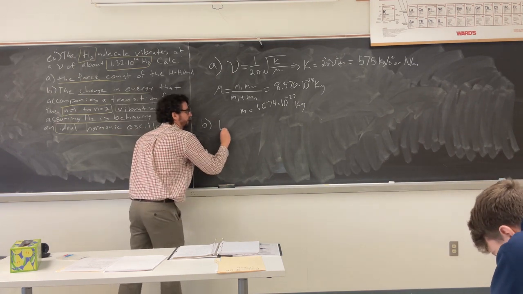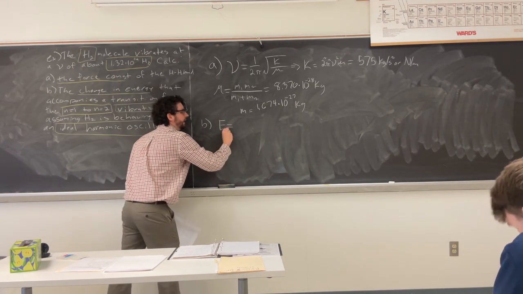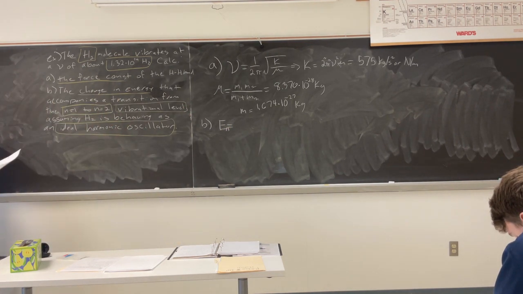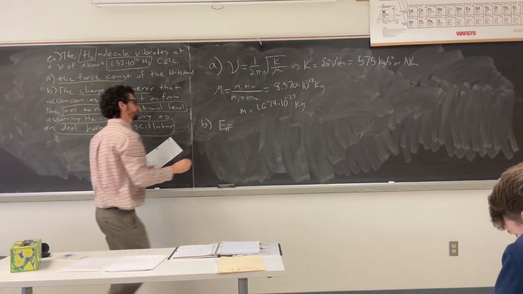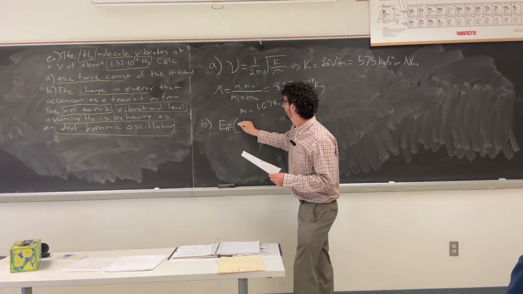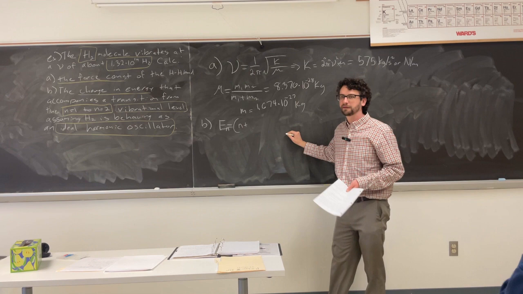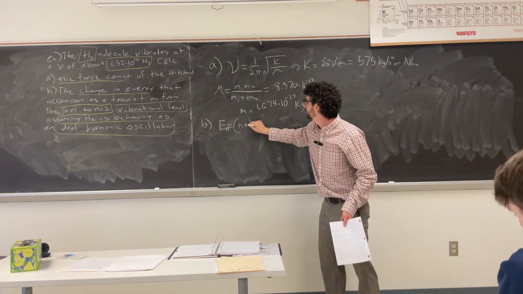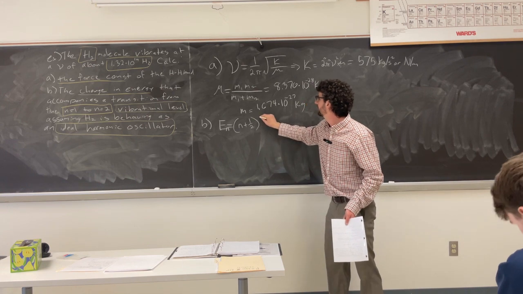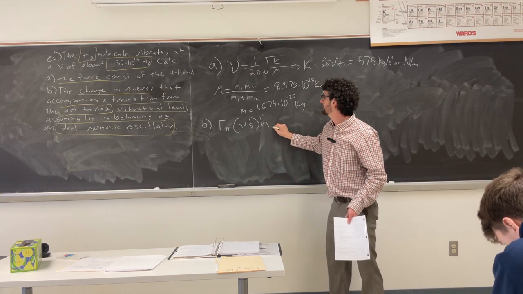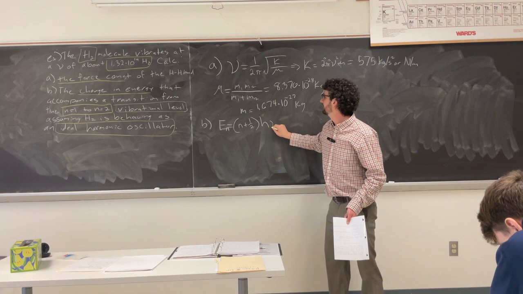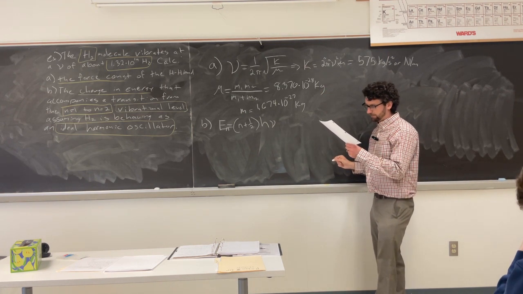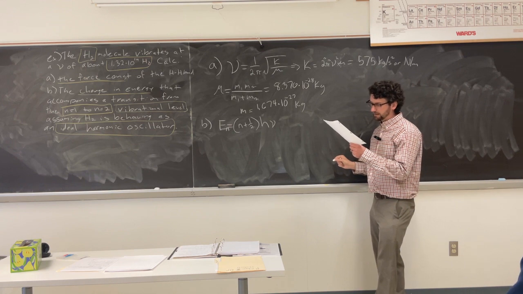B, harmonic oscillator. How did we define the energy of the harmonic oscillator? N plus what? Yep, 1/2, and what's that multiplied by? H nu. Yep. So we would have to calculate the difference between E1 and E2.